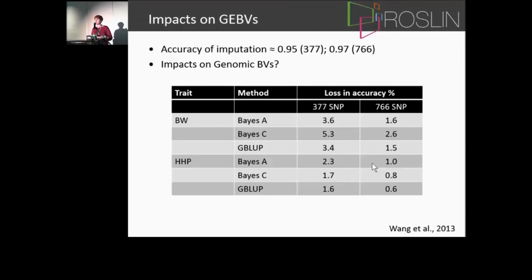So for a 766 SNP panel, we were losing less than 2.5% in accuracy at the very maximum. And if we compare the cost using the LGC platform of genotyping for 766 versus some of our high-density SNP panels, you can see that the impact on a large breeding program can be fairly significant.